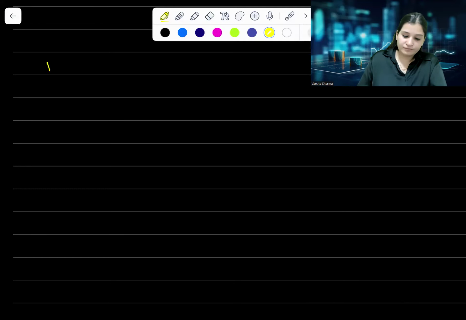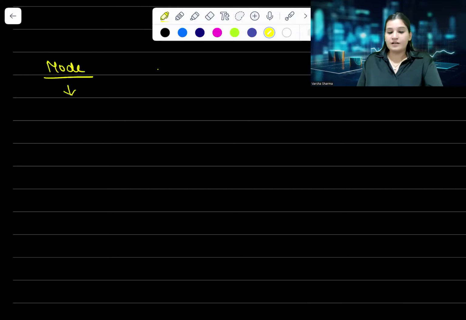Now, mode. Mode is the maximum repeated value. So for individual and discrete, we don't even need a formula, right? We can directly find out the mode. That is the one that is repeated the maximum number of times, or the one with the highest frequency.